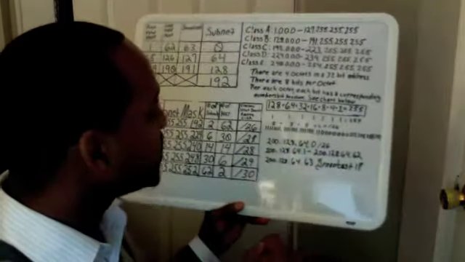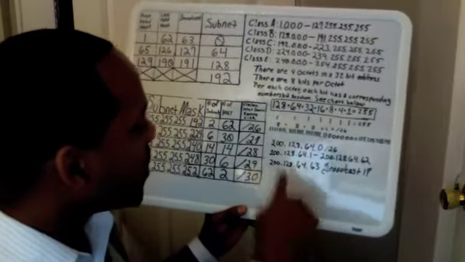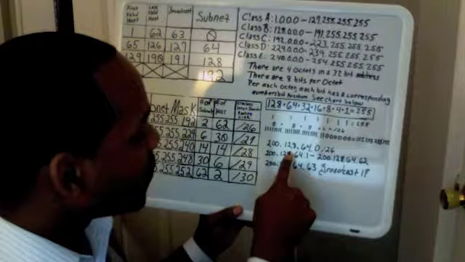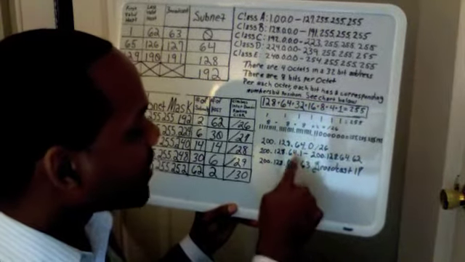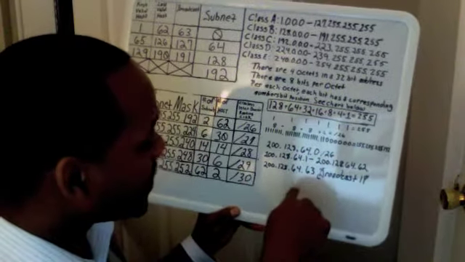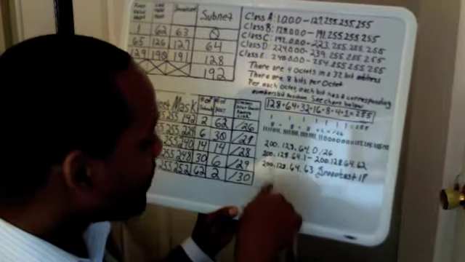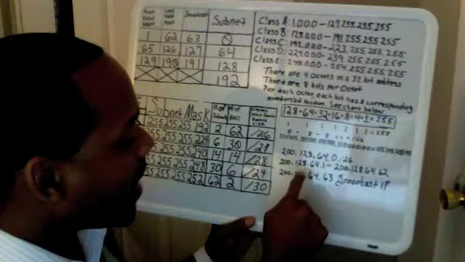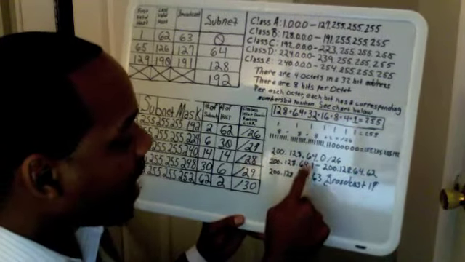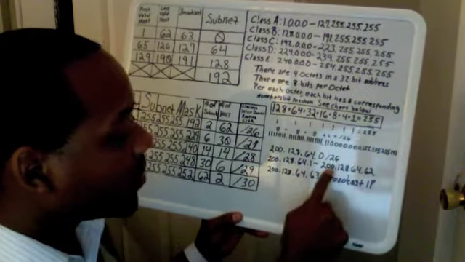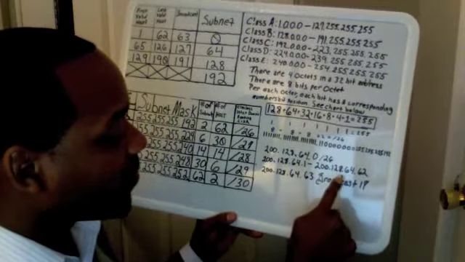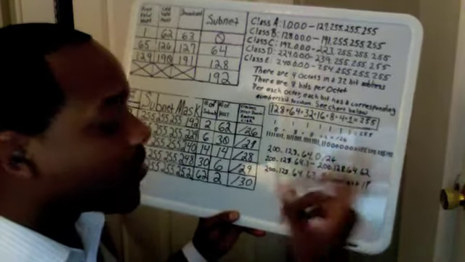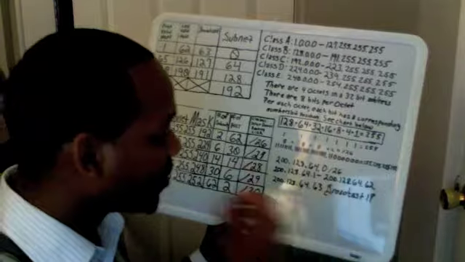So you can give an example of something similar to this. 200.128.64.0/26 is the network or subnet. Your usable hosts will be 200.128.64.1 through 200.128.64.62. Your broadcast is going to be 63.